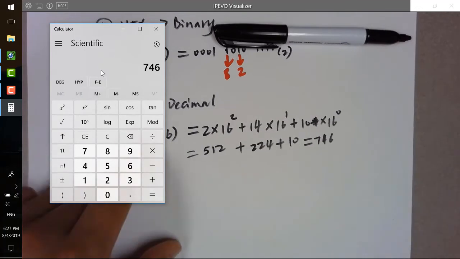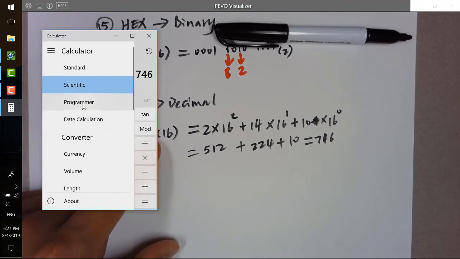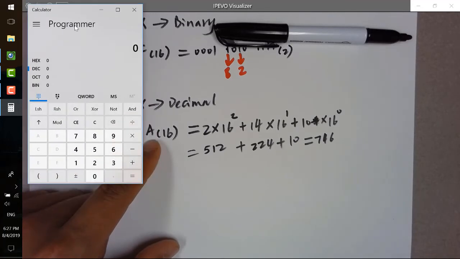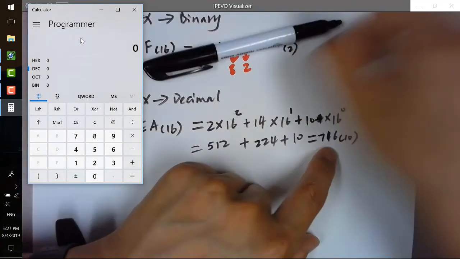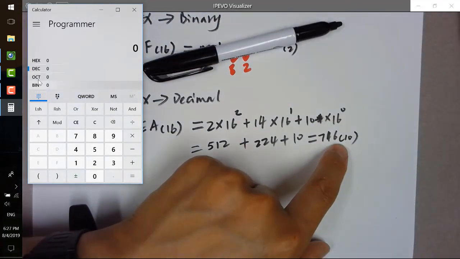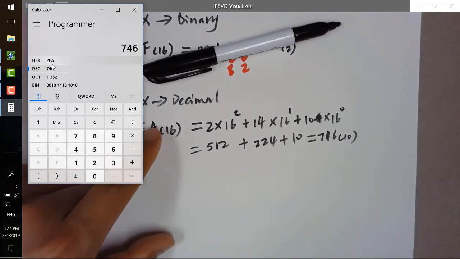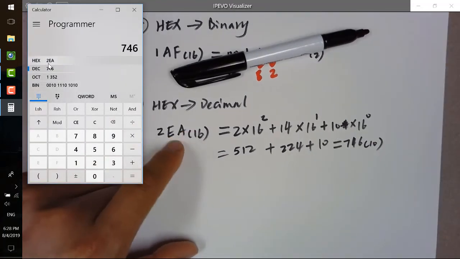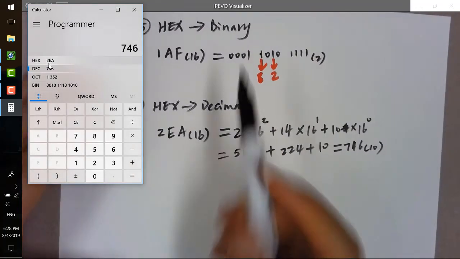Now we can actually verify this number really quick, to see if this one is actually this one in hex. We start using the programmer version here, and that's a 10-based number, right? Now we put it in decimal and we type 746, and the corresponding hex number is 2EA. So we can verify that our calculation was correct.